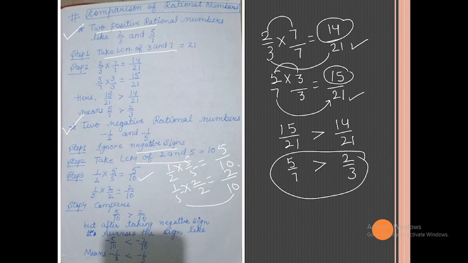Here we get 5 by 10 is greater than 2 by 10. But with negative numbers, after that we put the sign back and reverse the inequality, like this: minus 5 by 10 is less than minus 2 by 10, and the original values: minus 1 by 2 is less than minus 1 by 5.